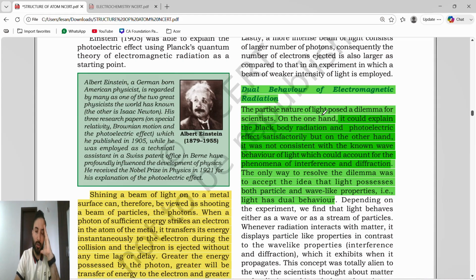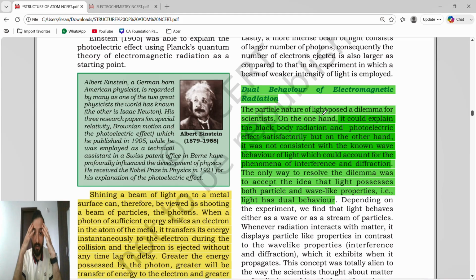The particle nature of light started showing drawbacks: it could not explain the black body radiation and photoelectric effect satisfactorily. Then it was not consistent with the known wave behavior of light, which could not account for the phenomenon of interference and diffraction.